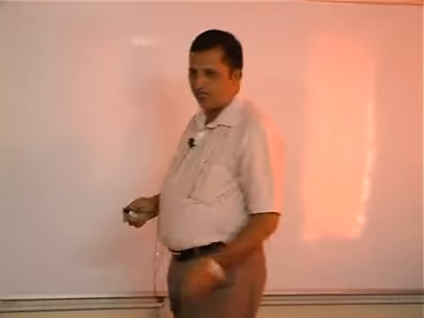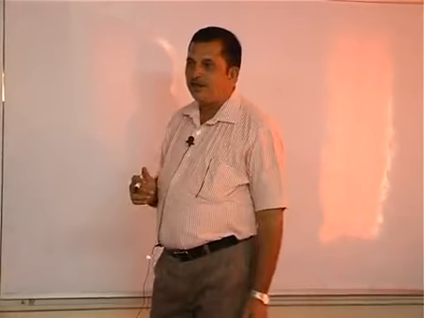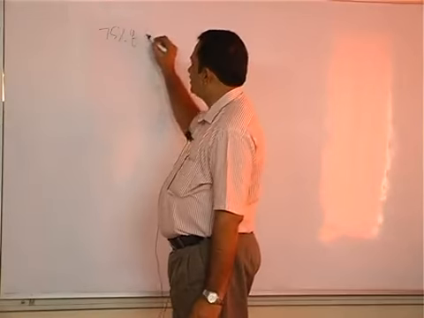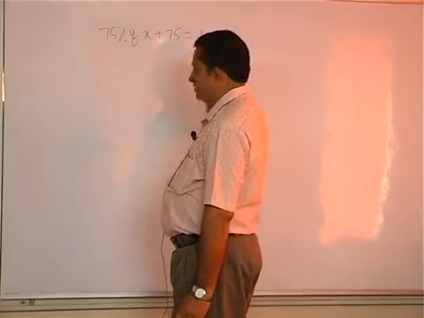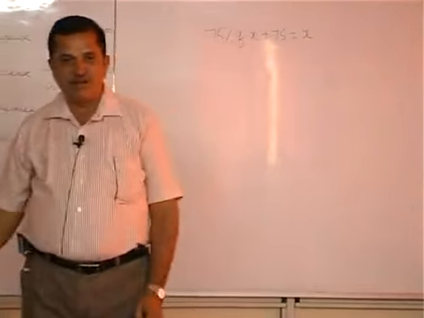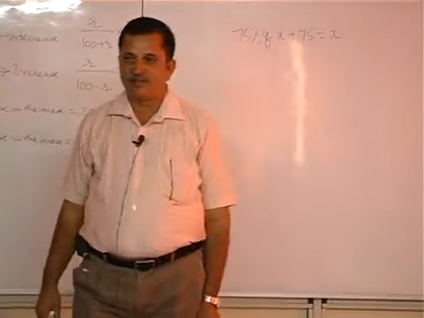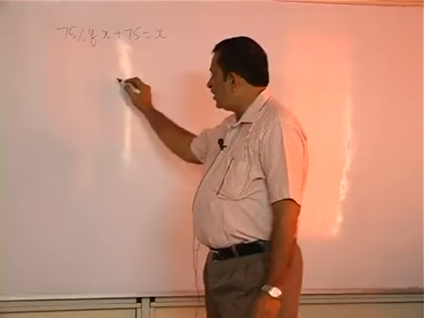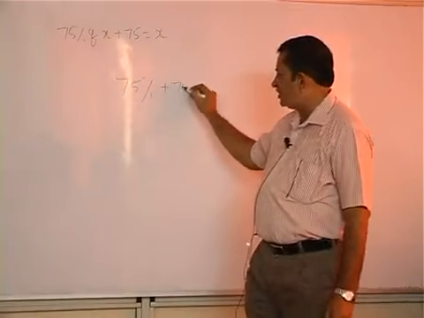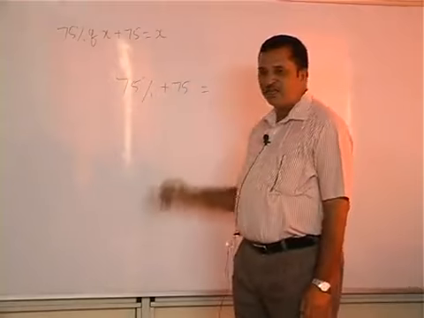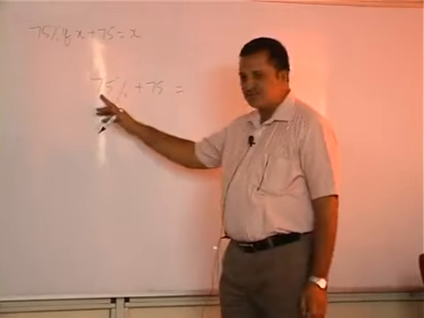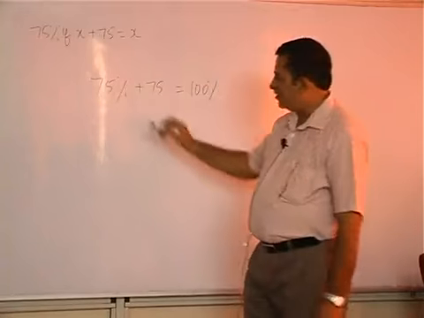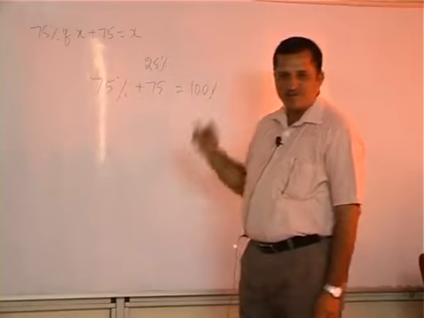Your usual procedure is: let the number be X. 75% of X is added to 75, the result is X. But when we do aptitude, we avoid X. I'll show you the difference in the way we go. 75% of a number is added to 75, and the result is the number itself, which means 100% of the number. 75% is added to 25%, only then will 100% come, is it not?